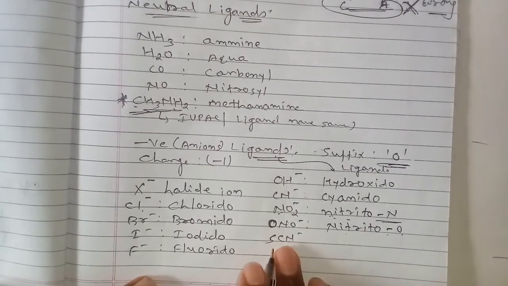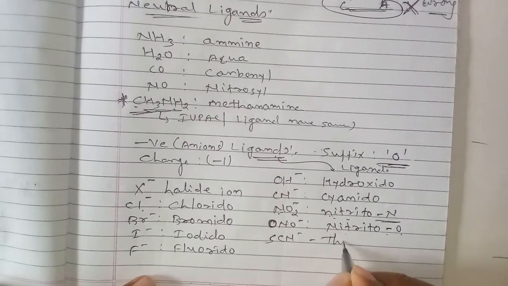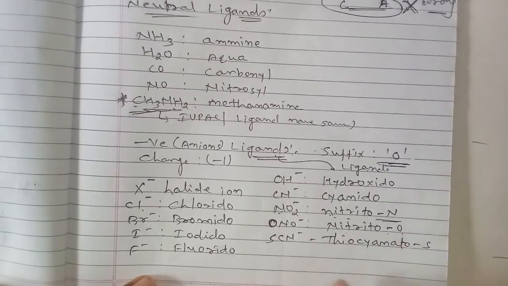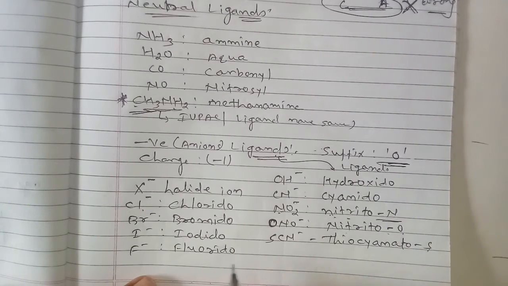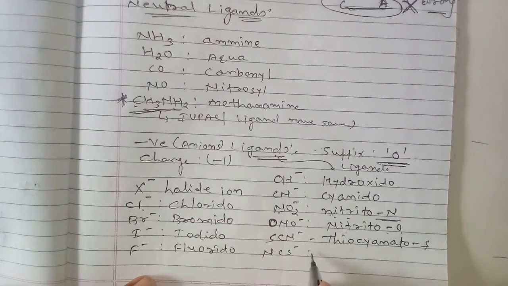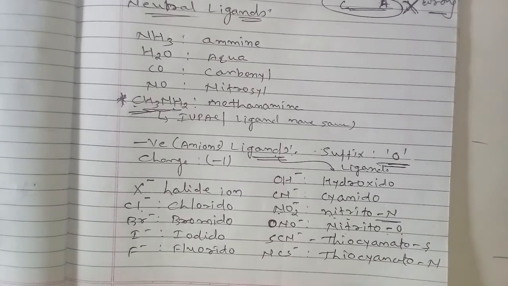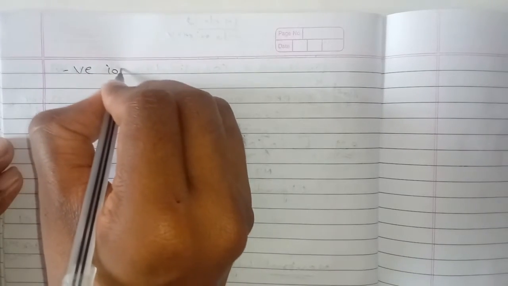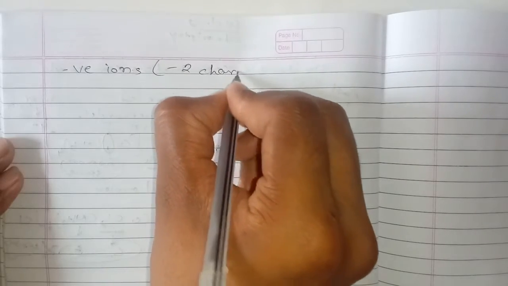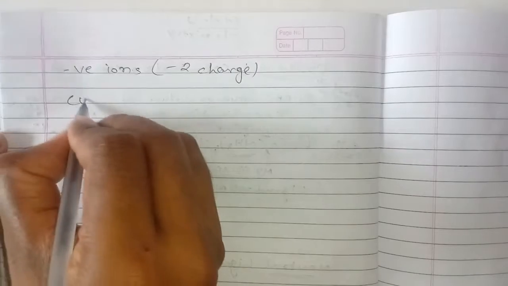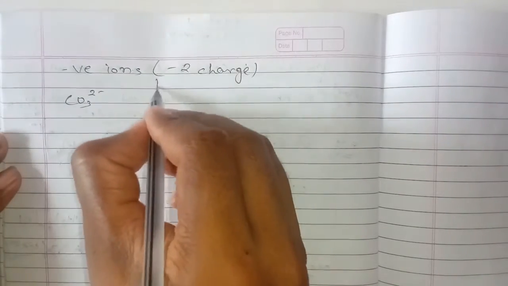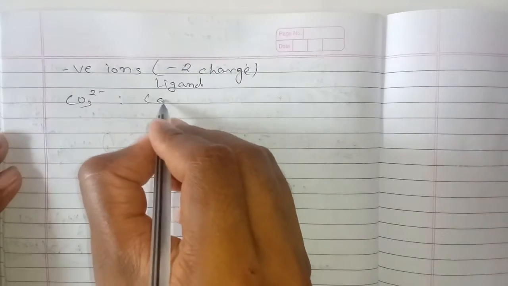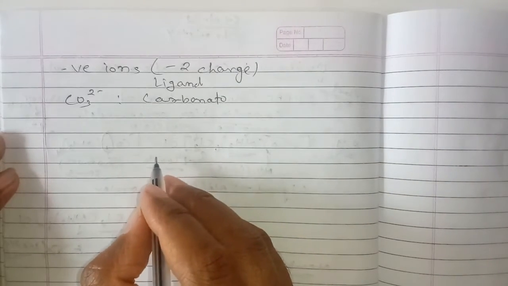In case of thiocyanate ion, it is named thiocyanato-S when the electron pair donor is S. For NCS minus, it is named thiocyanato-N, because here the electron pair donor is N. Then negative ions with -2 charge: CO3 2 minus is carbonate ion, but as a ligand it is carbonato.